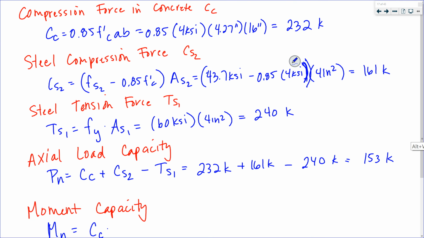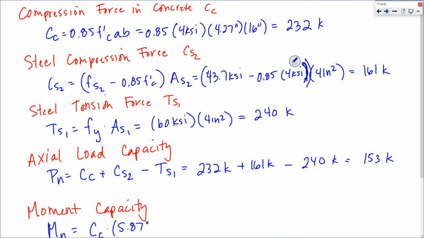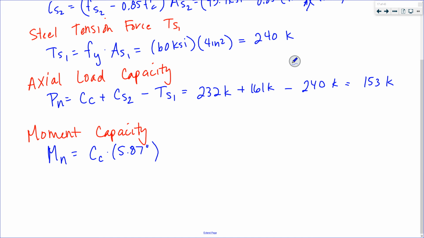It's the distance from the centroid of the section to the centroid of the compression area, right? 5.87 plus my steel compression, which still acts at 5.5, and my steel tension, which acts at 5.5 as well. So let's see.